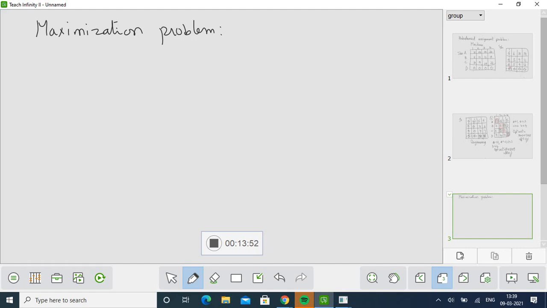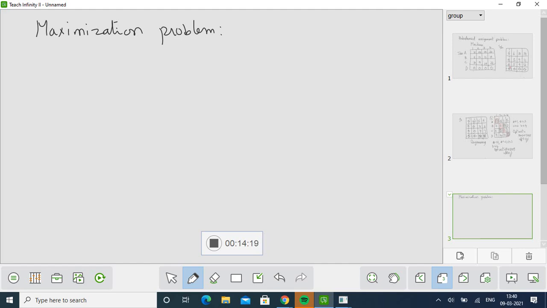The conversion of the maximization problem into an equivalent minimization problem can be done by any one of the following methods.